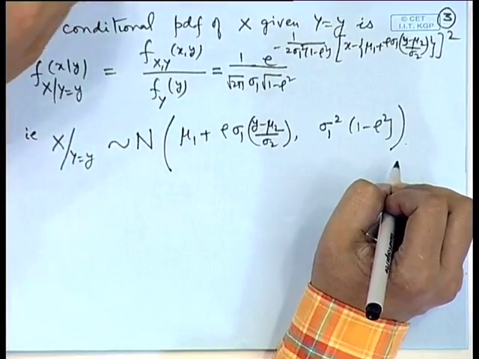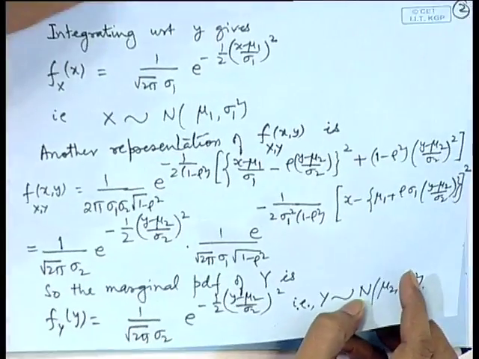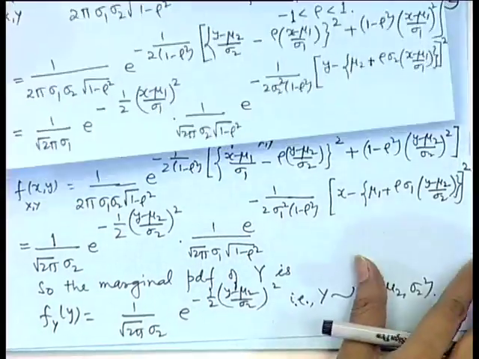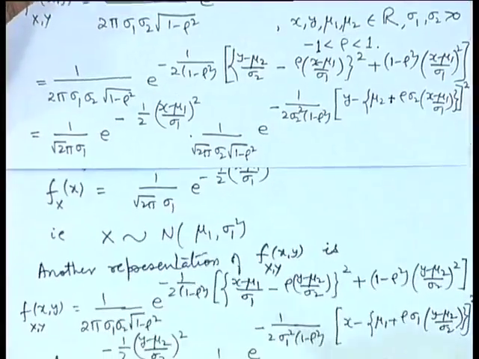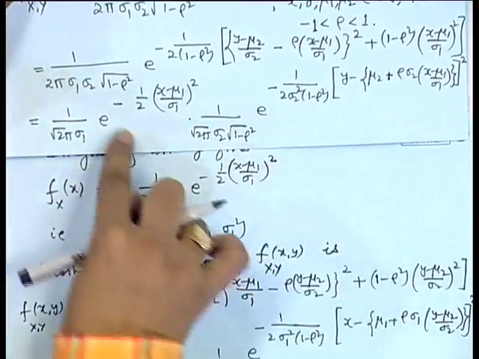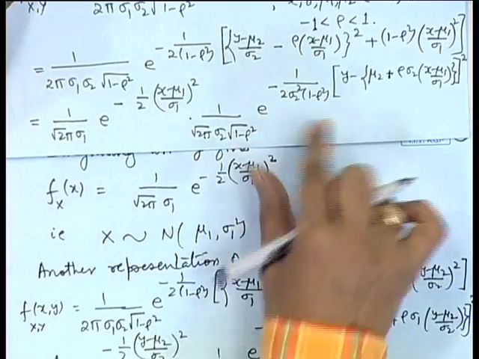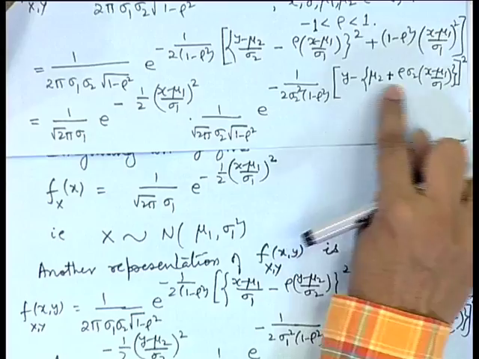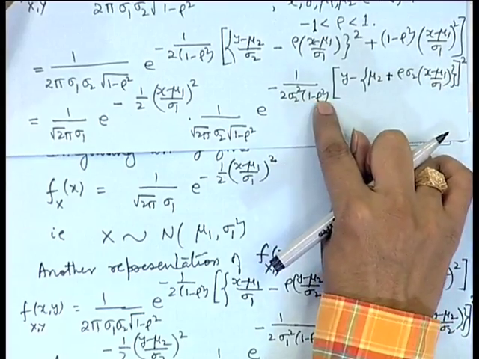In a similar way, notice here that the joint distribution of x, y was earlier factorized like this, and if we divide by the marginal distribution of x, then this term gets cancelled out and we are left with this term, which is again a normal distribution with a certain mean and a certain variance.